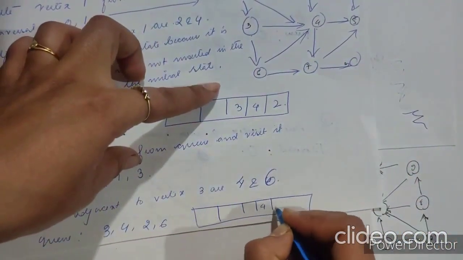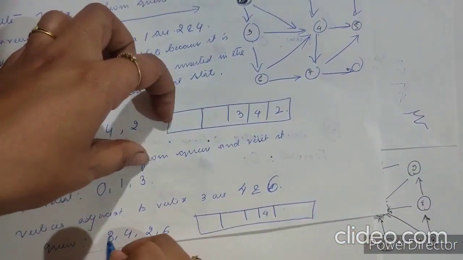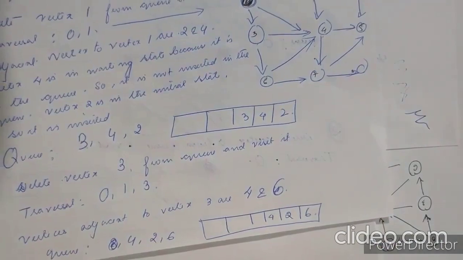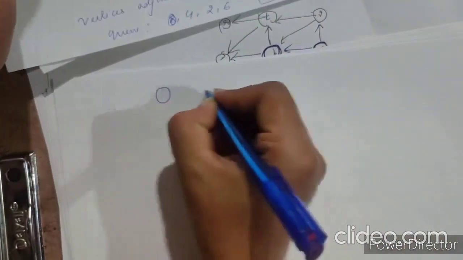3 will be removed, right? So the queue is 4, 2 and 6. So how would the traversal look like? The graph will look like this.